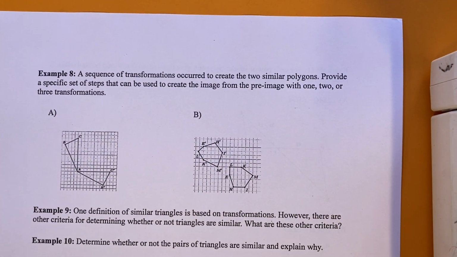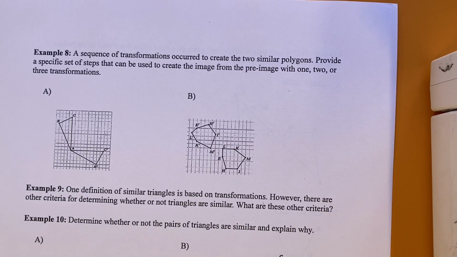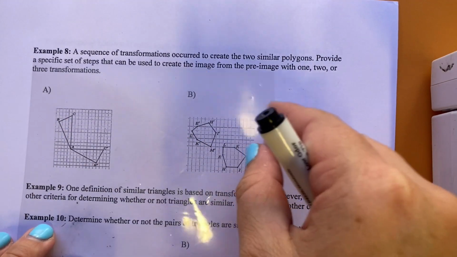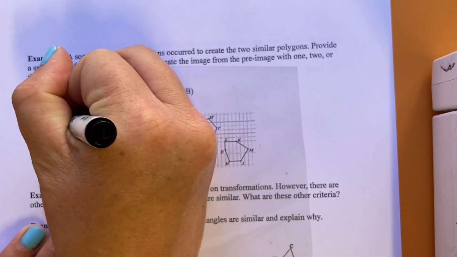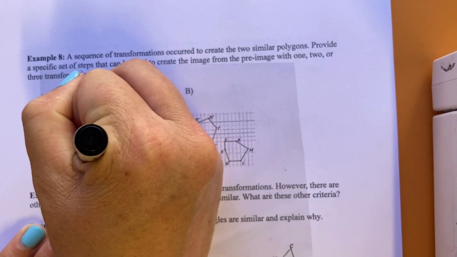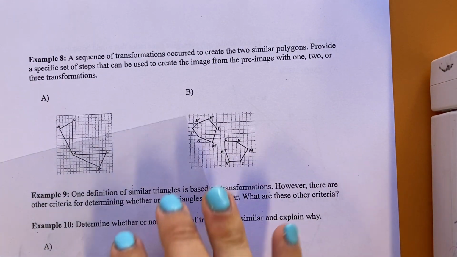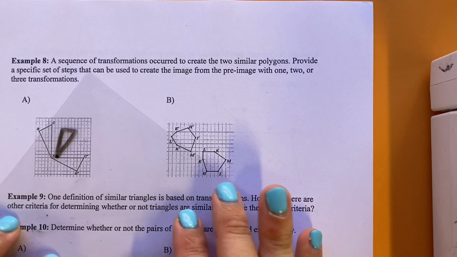Example 8. A sequence of transformations occurred to create the two similar polygons. Provide a specific set of steps that can be used to create the image from the pre-image with 1, 2, or 3 transformations. So I'm going to use a little clear sheet. Here is my pre-image, and my goal is to move it onto the image. First, I'm going to start by rotating it.